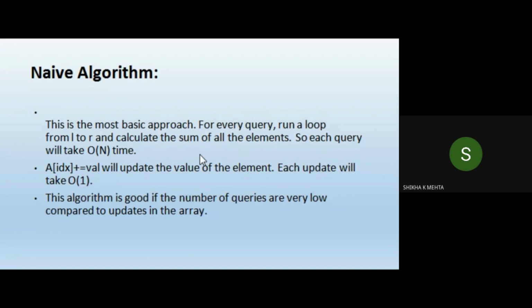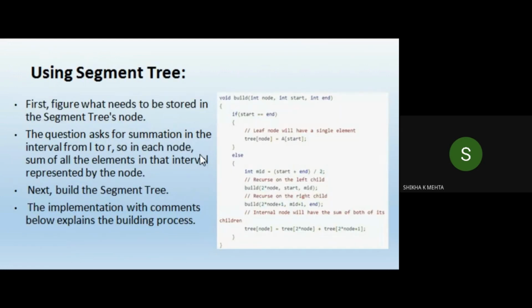So each query will take O(n) time, and the update operation is going to take O(n) time. This algorithm is good when the amount of data is small and the queries are very low as compared to updates in the array. But if the number of queries is high, in that case we have to use the segment tree.